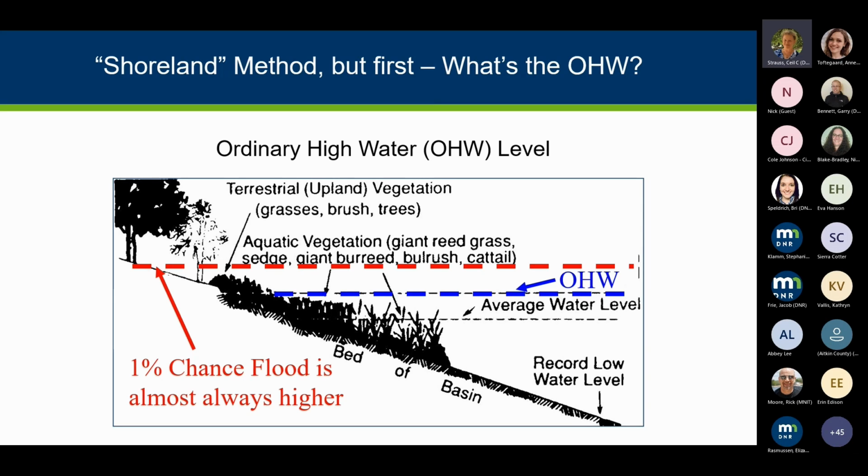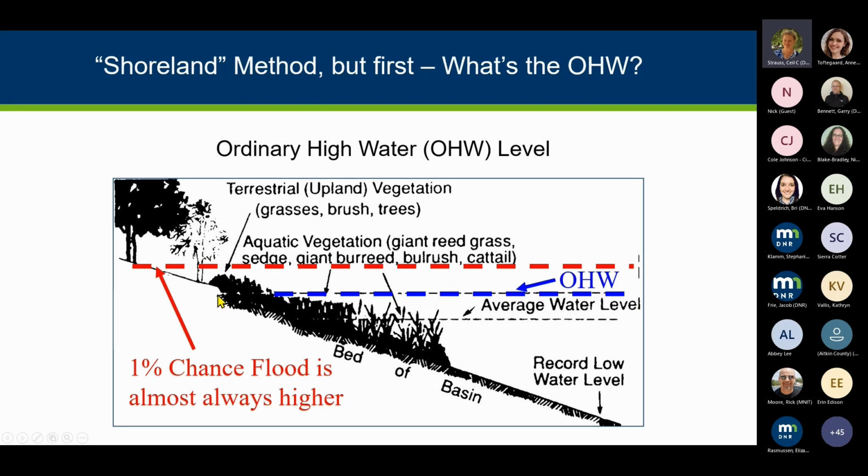But a reminder, I think most of you know this, but just a quick reminder of what the ordinary high is first. The ordinary high is what we use for the boundary of our public waters. It's defined in statute as where water's been for sufficient period of time to leave evidence on the landscape, basically the transition between aquatic and terrestrial vegetation.